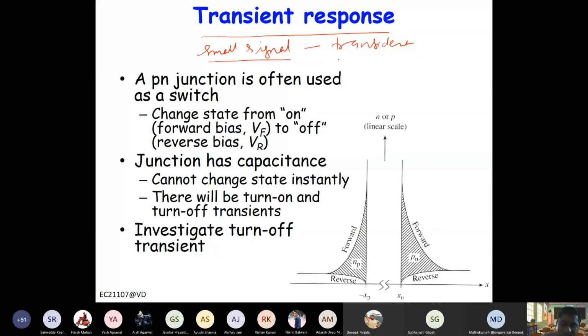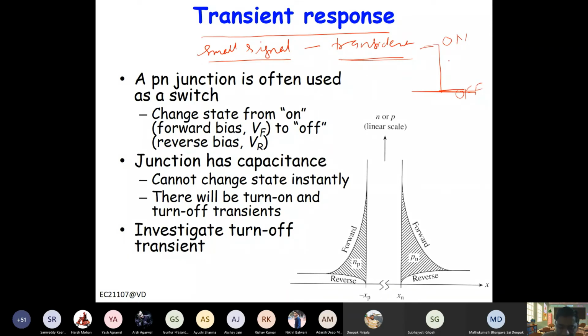Now transient is usually a large change from positive to negative, right? And this is usually used where you consider different states, right? The on state and the off state is like a logic function basically, right?